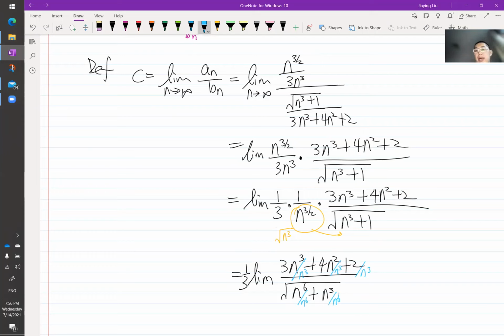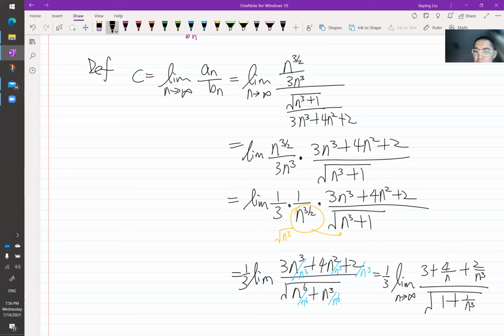In the numerator, I divide by n cubed. In the denominator, I also divide by n cubed, but when we put it inside the square root, it becomes n to the 6. So that will become 1/3 limit is 3 plus 4 over n plus 2 over n cubed divided by the square root of 1 plus 1 over n cubed.